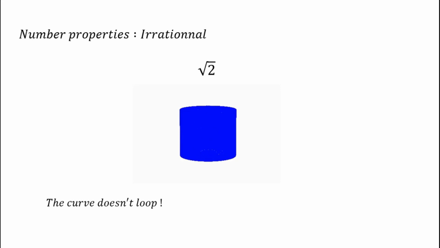I find it very fascinating how Lissajous curves can give intuition about number properties. Like for rational numbers, we usually learn that the decimal sequence is looping, and here the Lissajous curve is looping too. And for irrational numbers, the decimal sequence doesn't loop, just like the Lissajous curve.